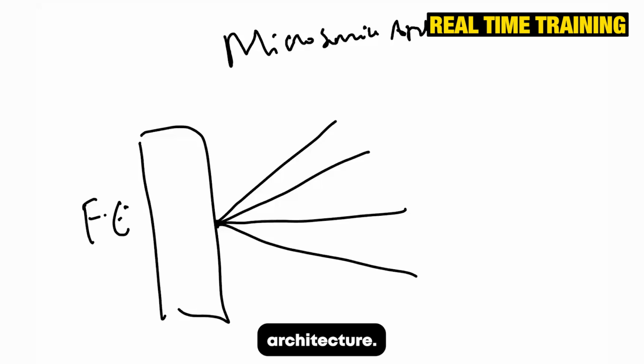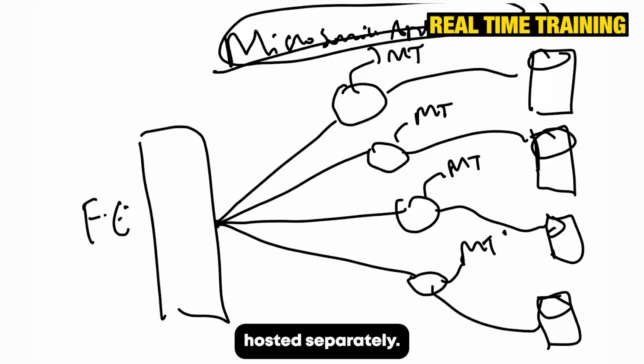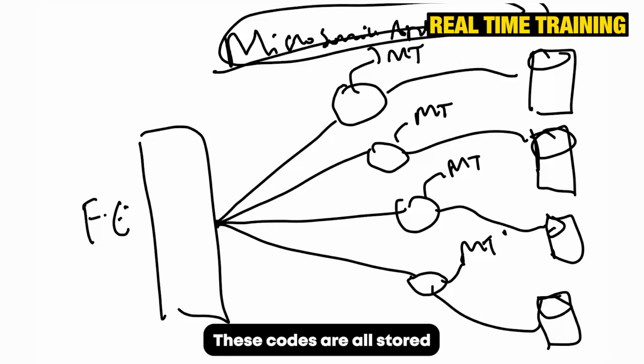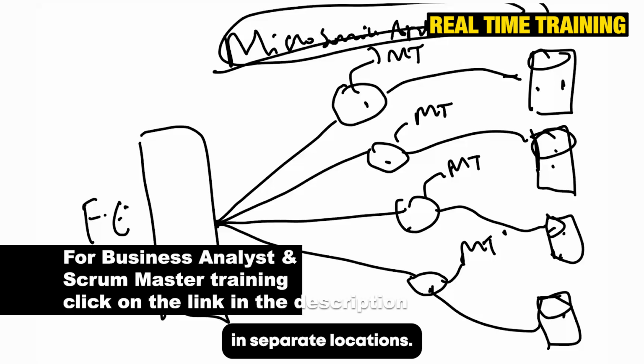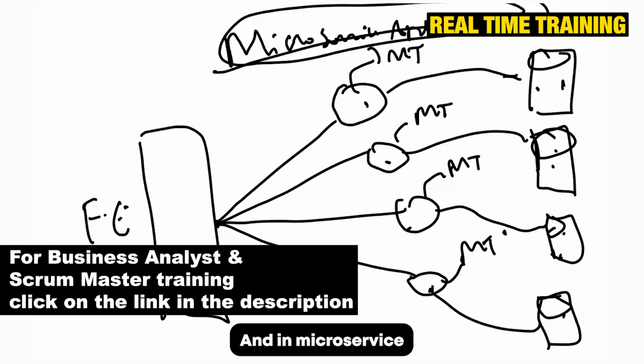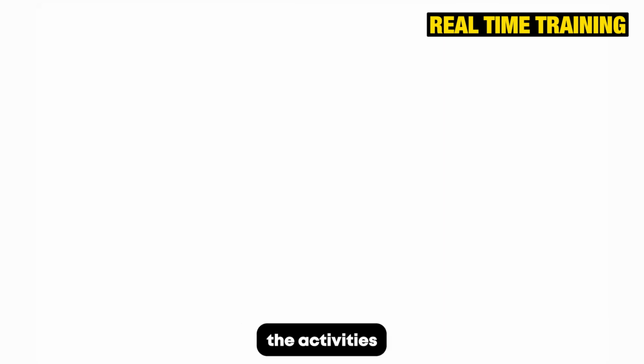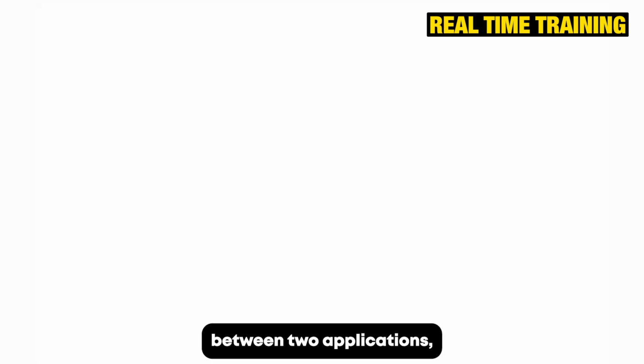So this is microservice architecture. These are all separate databases housed separately, and the code is all stored in separate locations. In microservice architecture, in the place of web services, microservices will be there. The activities of web services and microservices are the same, it helps in interaction between two applications.